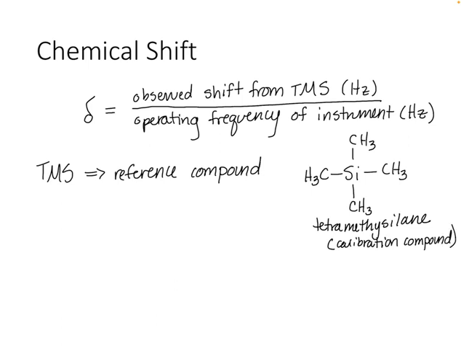So usually what we do is we add TMS to our sample, and it shows up, or it should show up at 0 parts per million. Now, if it shows up maybe a little bit off of 0, then we just calibrate so that it shows up at 0.